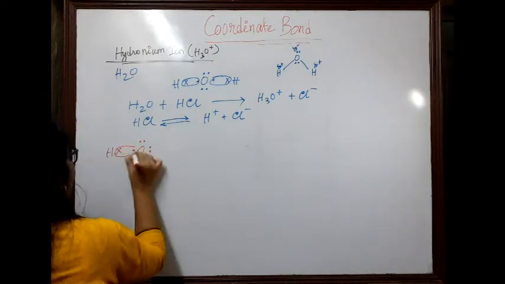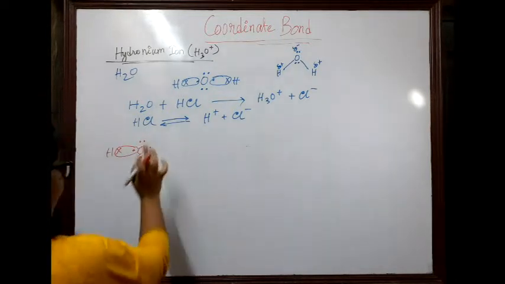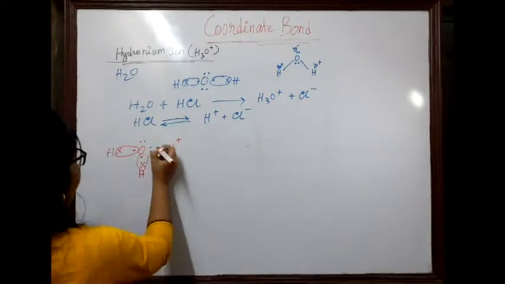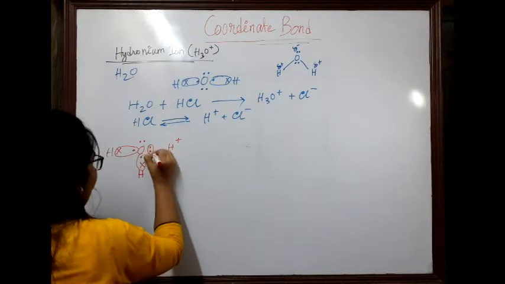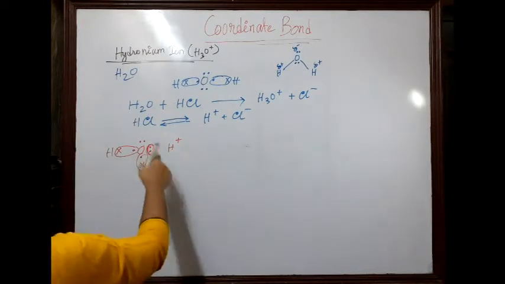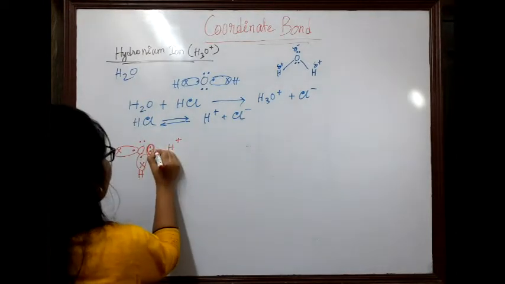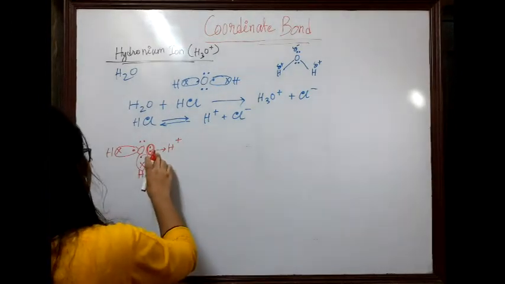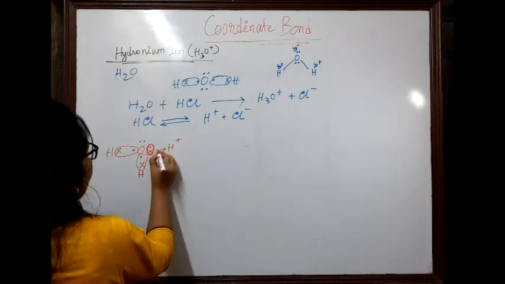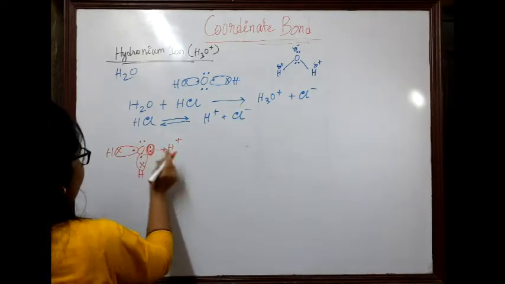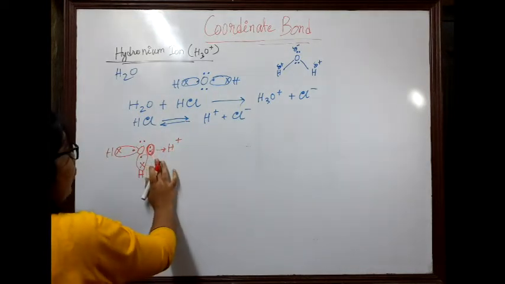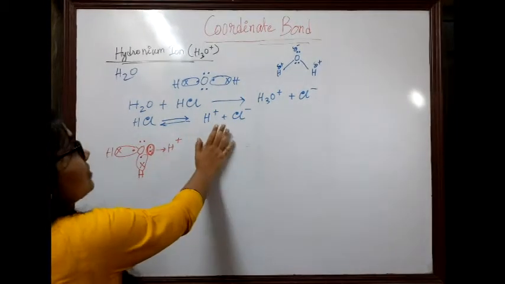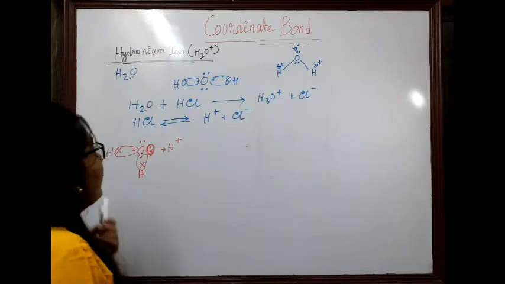These two are a covalent bond. There are two lone pairs. H plus is coming here. These two electrons, one lone pair, are participating in the formation of a coordinate bond. So here between oxygen and H plus, one coordinate bond is forming. So this is in the case of an acid medium.